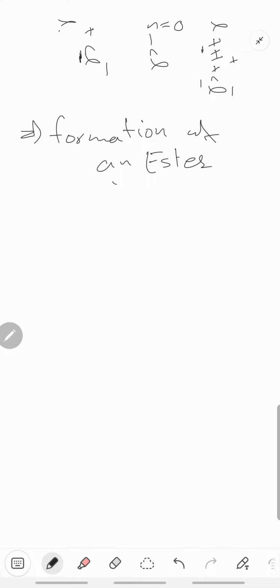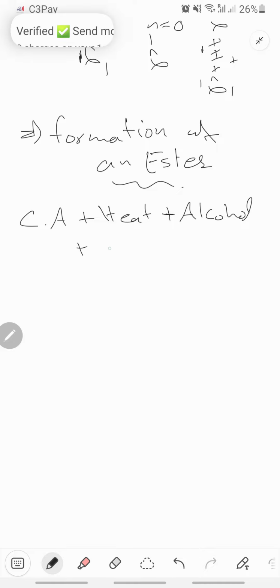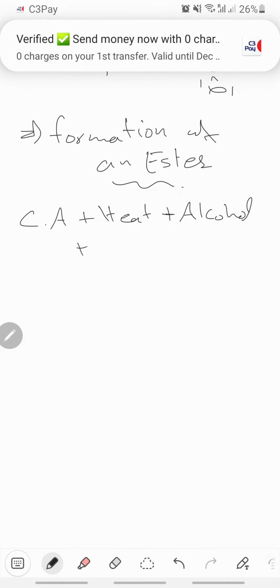When carboxylic acid is heated with alcohol in the presence of concentrated H2SO4, esters are formed. So I need carboxylic acid, I need heat, I need alcohol, and I need H2SO4.